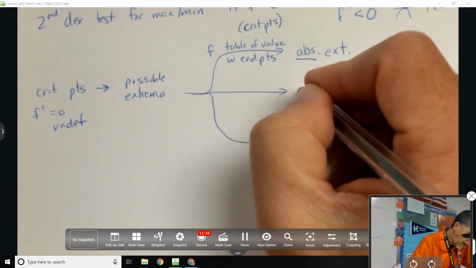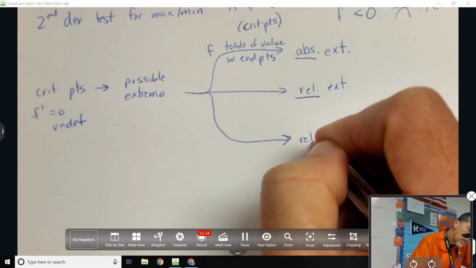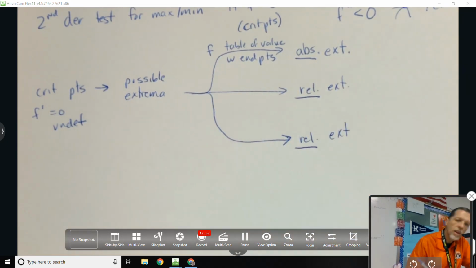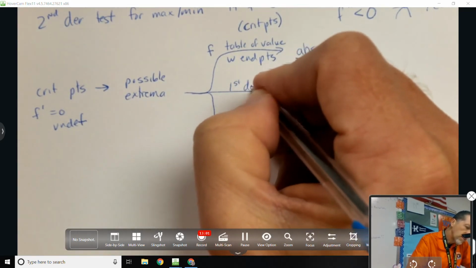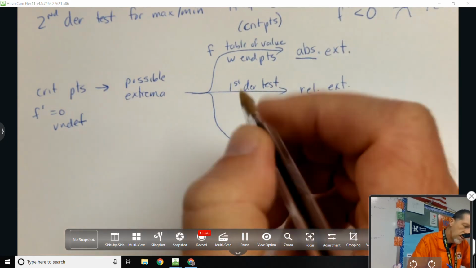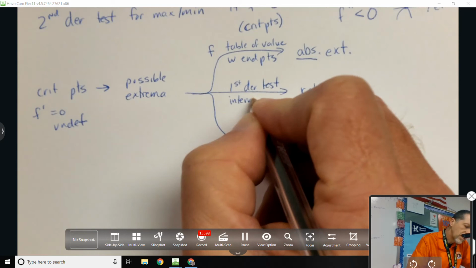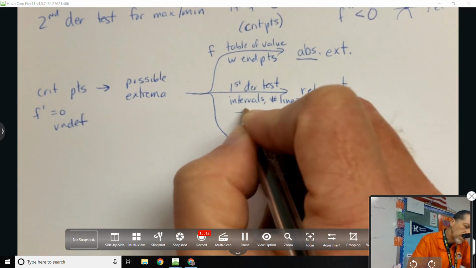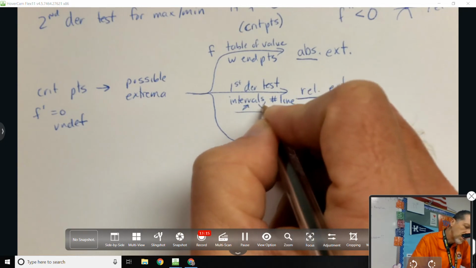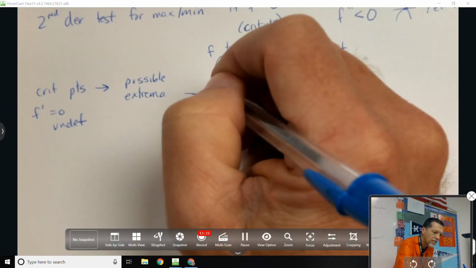The next two paths lead to relative extrema. First derivative test. That's the intervals on a number line. Looking for where we change from increasing to decreasing, that sort of stuff. So sort of the main one for that is f prime.